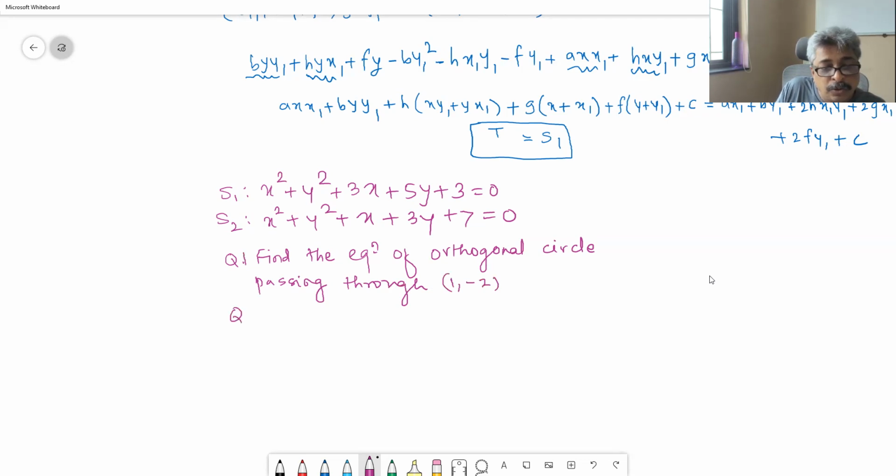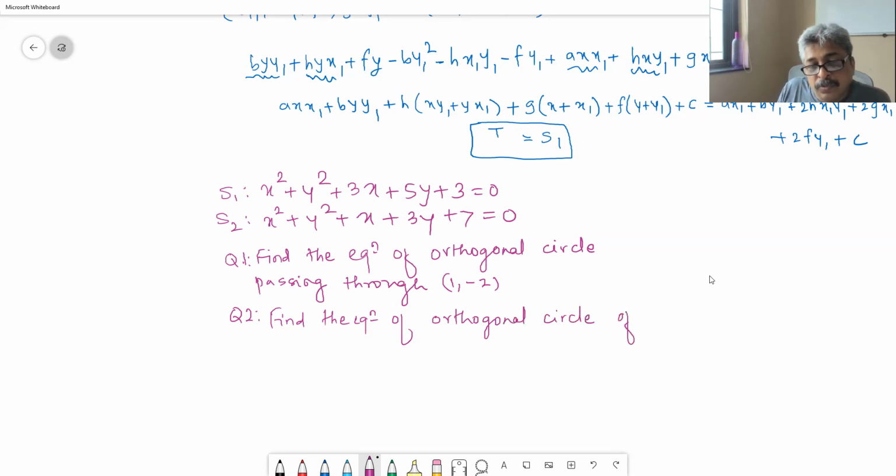Question 2, find the equation of the orthogonal circle of radius 10.